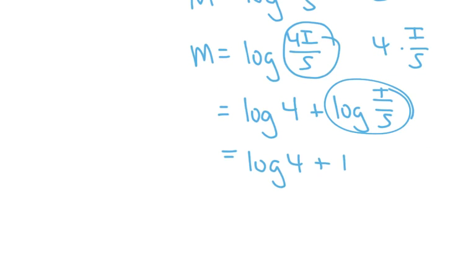So in order to find the magnitude of the Colombia-Ecuador earthquake, we're going to add the log of 4 plus 8.3, which is approximately 8.9. Now, you may not see the difference between 8.3 and 8.9 to be huge, but on the Richter scale, it really is.